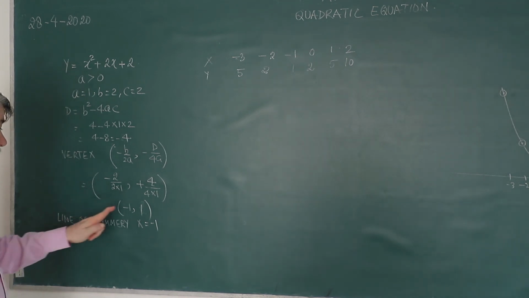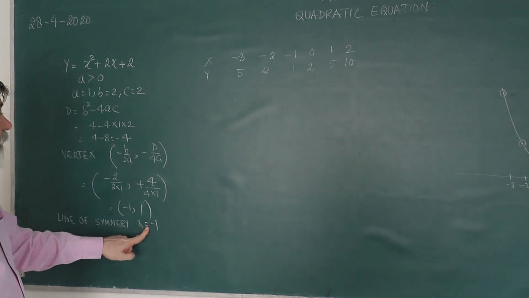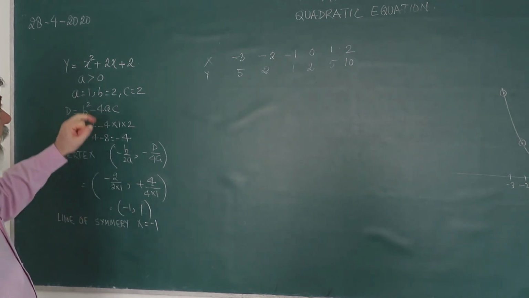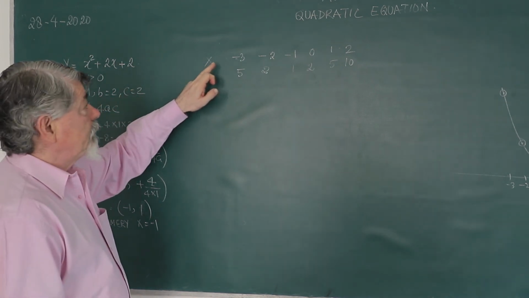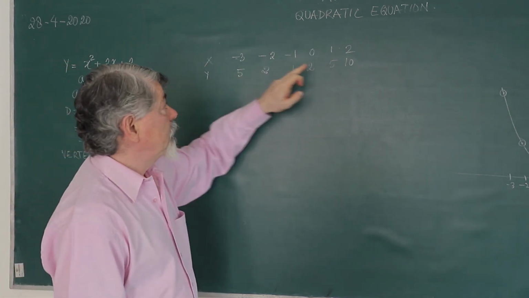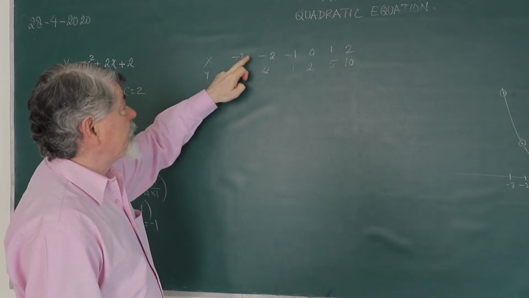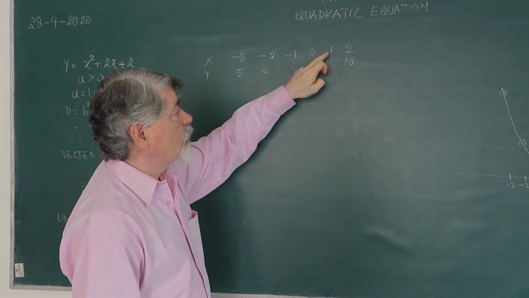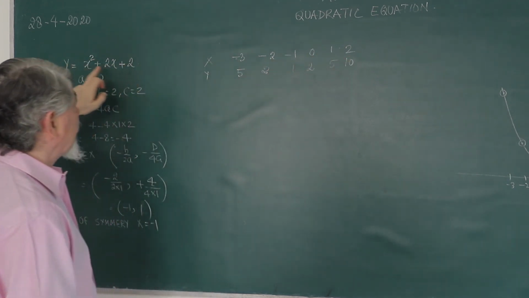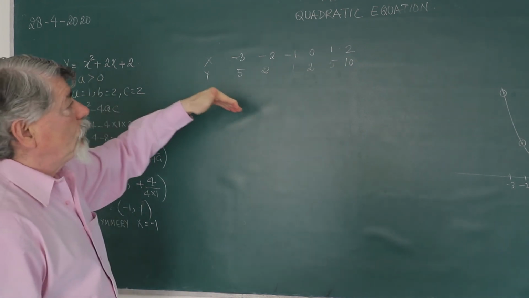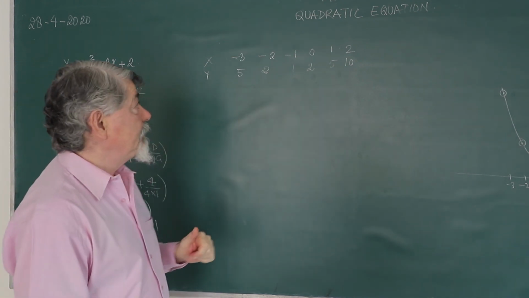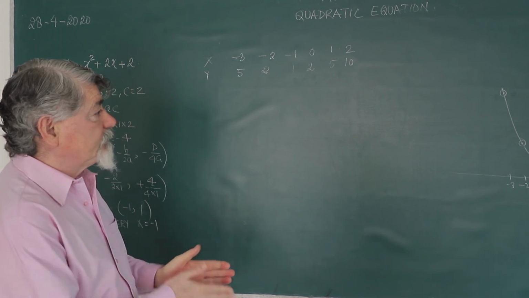So the line of symmetry will be x is equal to minus 1, and then I plotted the points from minus 3 to 2, corresponding to minus 3, minus 2, minus 1, 0, 1, 2. I calculated the values of y as 5, 2, 1, 2, 5 and 10, and let us plot these values.